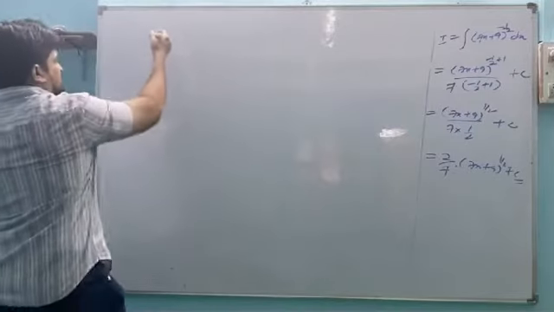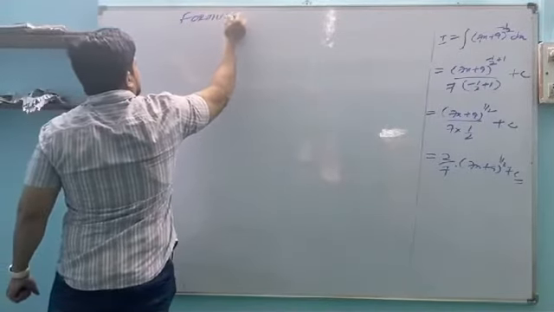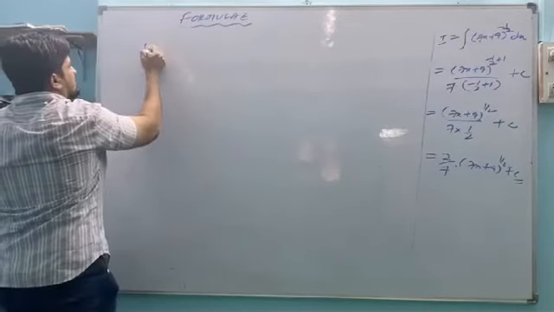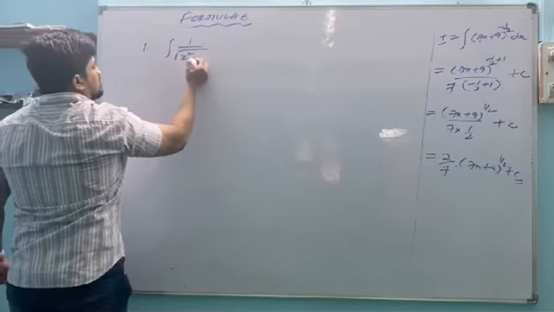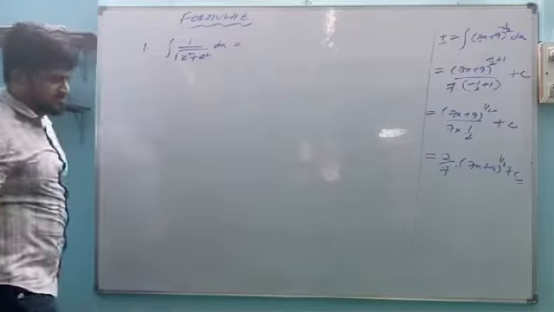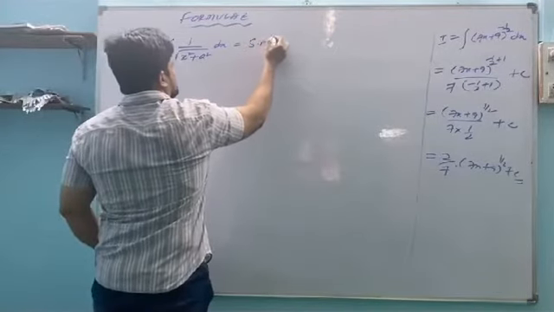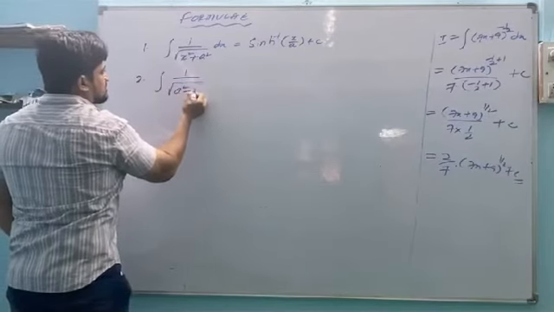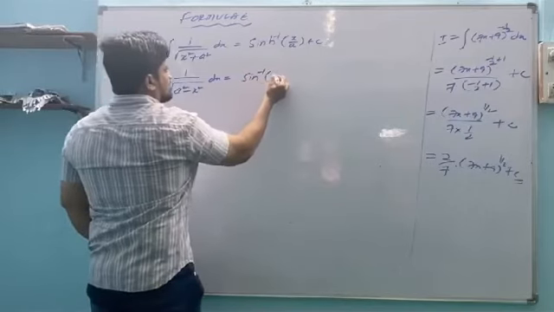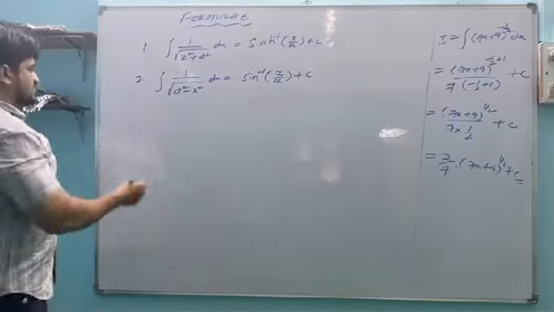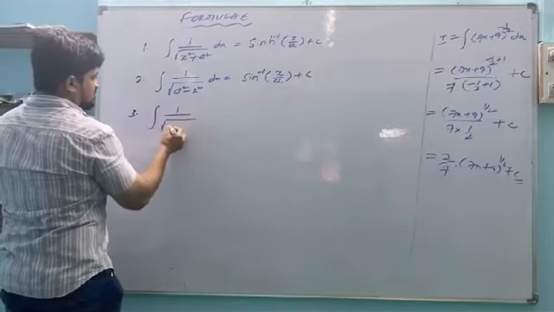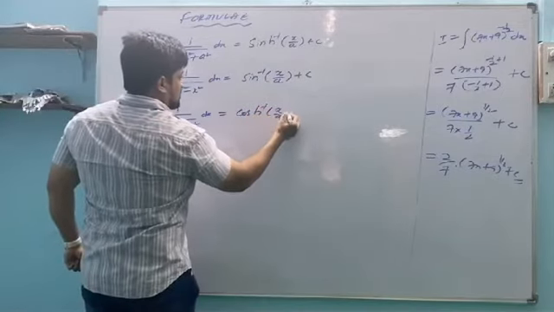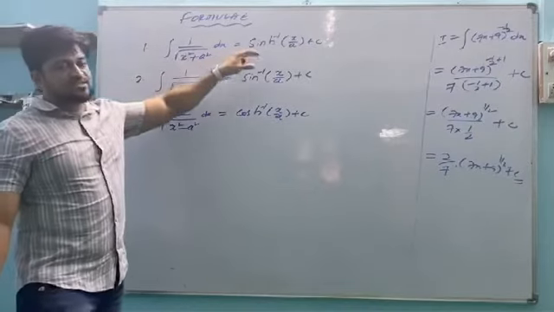So now you have to learn a few formulas for this one. Integral 1 by root of x square plus a square dx is sin h inverse x by a plus c.